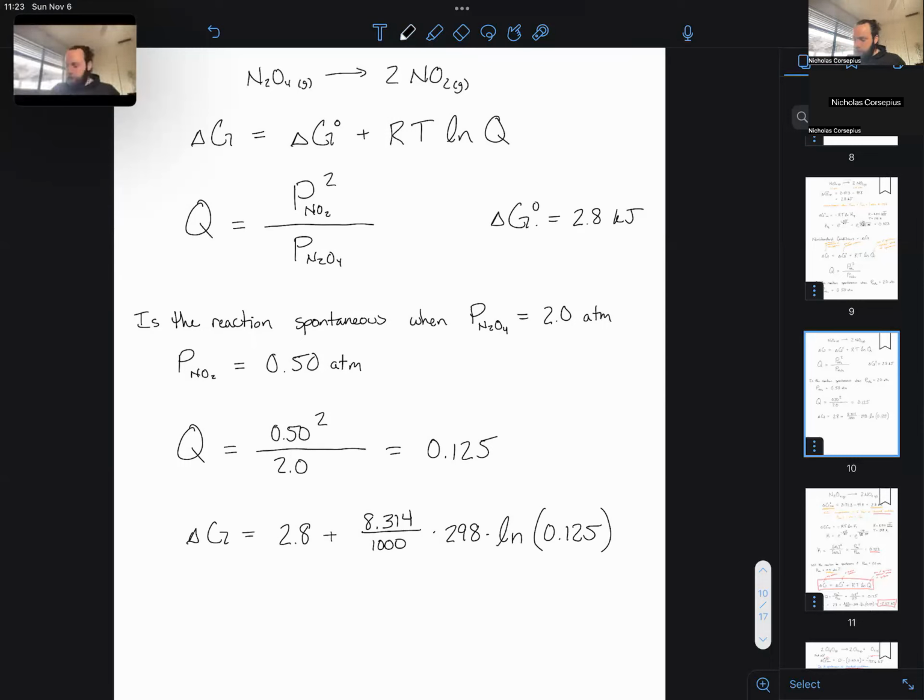And if we punch this in, we see that delta G is negative 2.35 kilojoules.